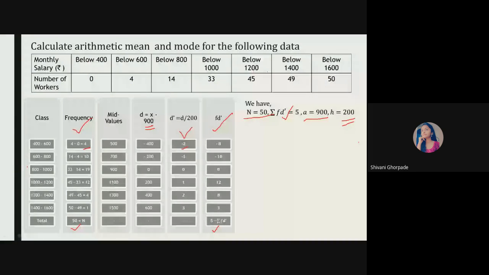What is the formula for the assumed mean? A plus summation of f d dash divided by capital N into h. Okay, so we will use the formula and insert the amounts. So find out the mean.